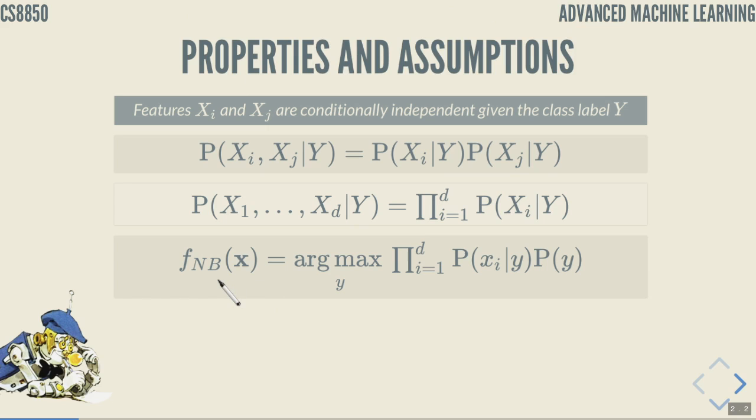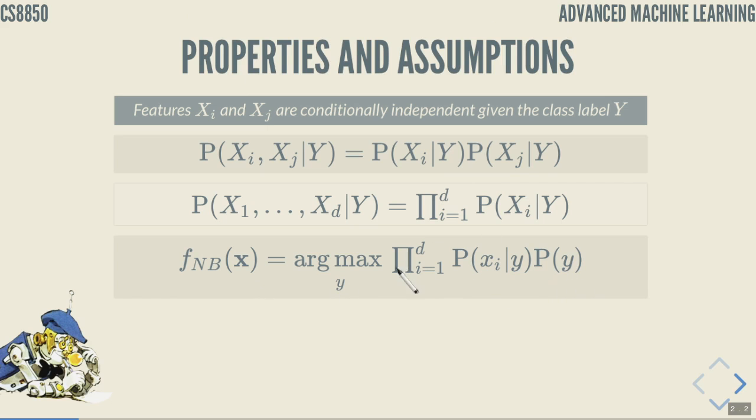And the process of deciding, the algorithm for naive Bayes, is just to pick that class that maximizes the posterior, or the product of the likelihood and the prior. This is the class prior for all of the y's.